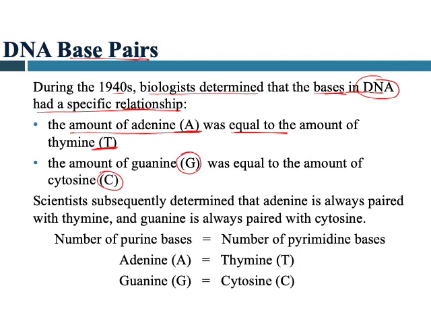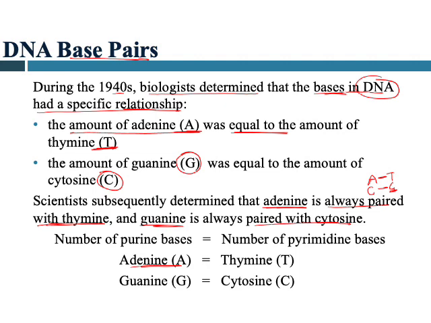They also found out that adenine always gets paired with thymine, and guanine is always paired with cytosine. Whenever you have an adenine, it always gets paired with thymine. Whenever you have cytosine, it always gets paired with guanine.